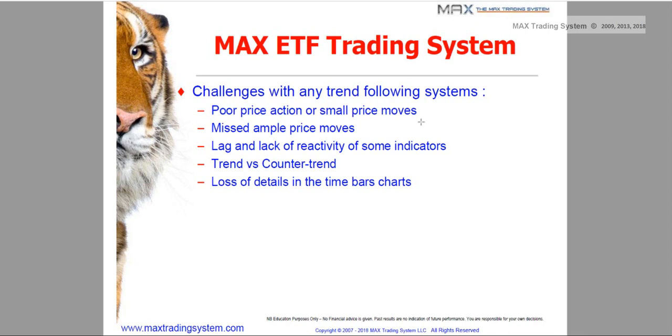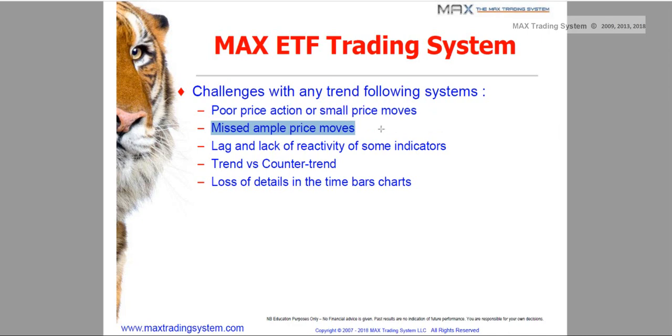And these challenges are typically the following ones. We may have at some point poor price action or small price movement. How do we handle a small price movement, so a small trend? If the price doesn't make a movement large enough with a trend following system, it becomes really difficult to make some profits. Due to the entry setups we may sometimes miss an ample movement.